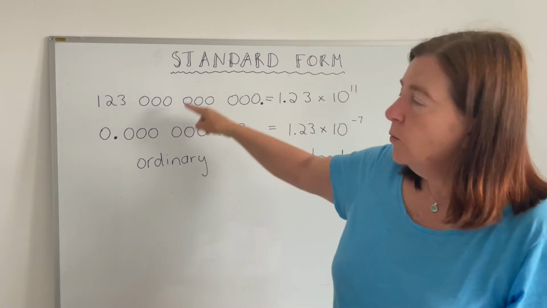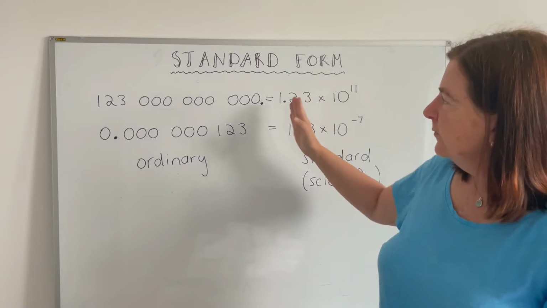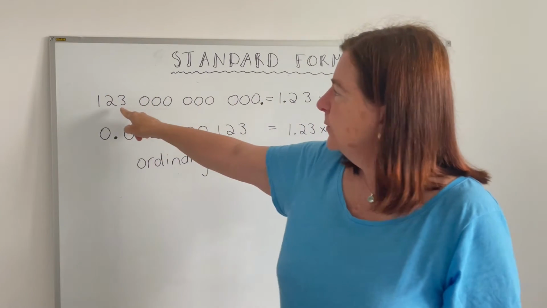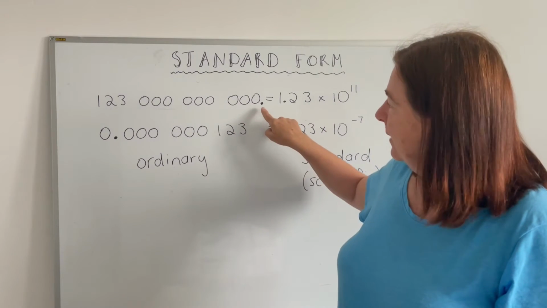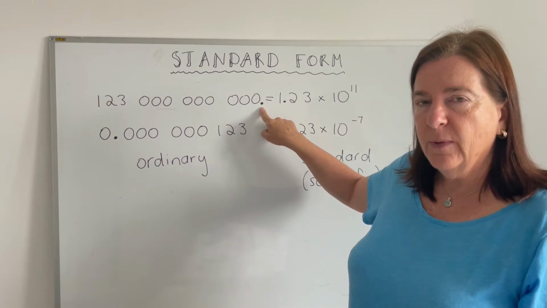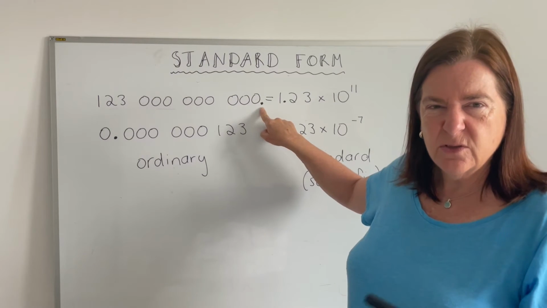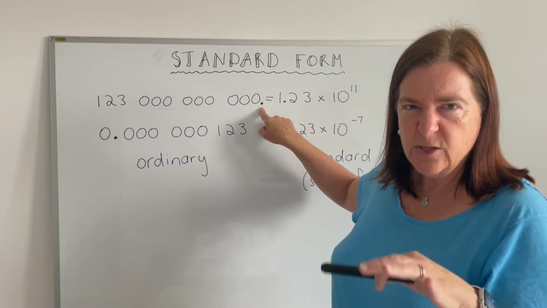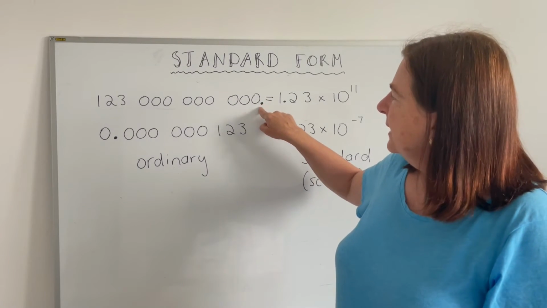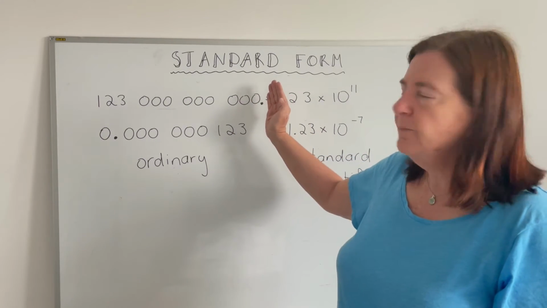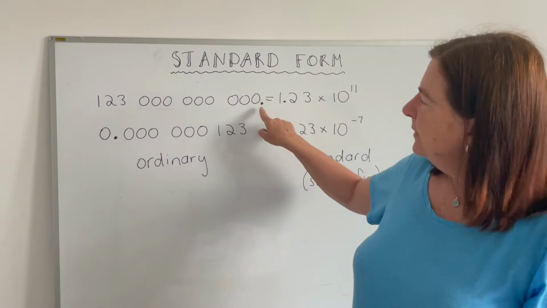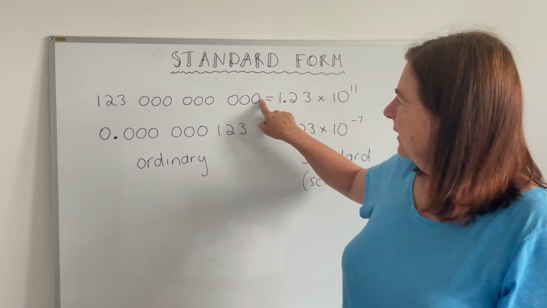To change it from ordinary to standard form, if we look at this number here, 123, that's actually 123 billion. So if you imagine there was a comma there or decimal there, I'm going to use those two words interchangeably, comma, decimal, etc. If that was there in the normal case, that would be 123 billion.000. Picture that decimal there.